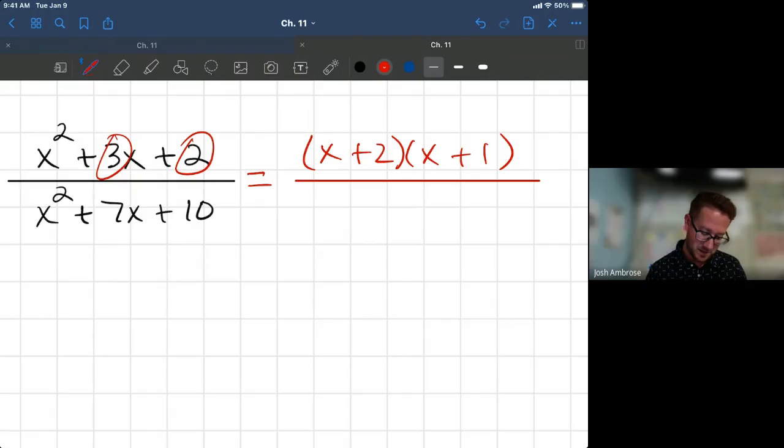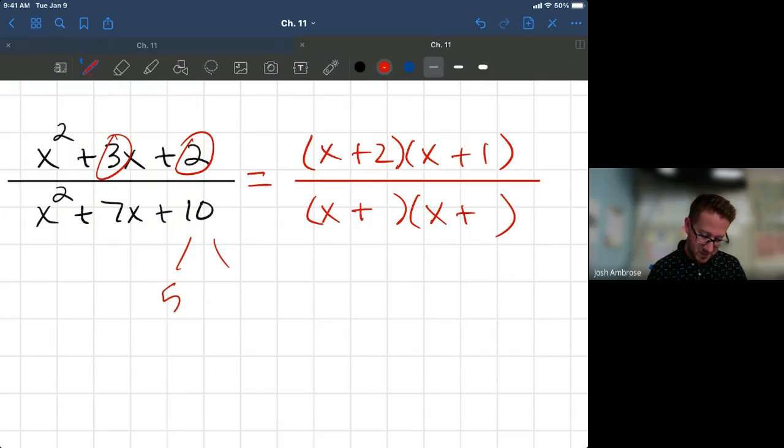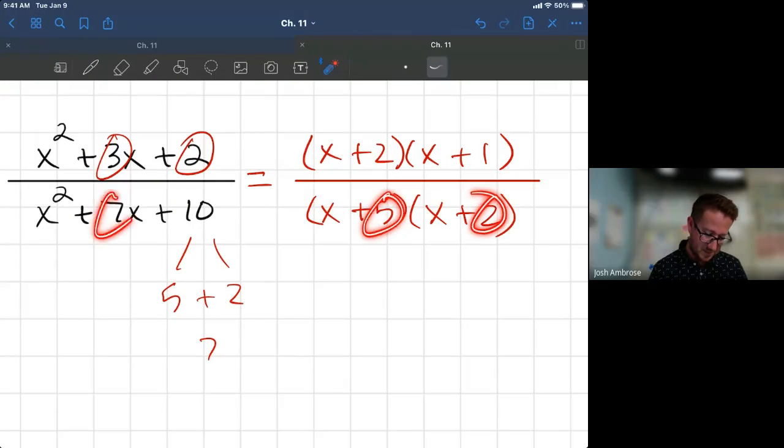Let's try and factor the denominator. All right, x, x. Again, both are plus signs right here, right here. So plus signs here and here. Factors of 10, 5 and 2, bingo. 5 plus 2 makes 7. That is what I'm looking for. 5 and 2 makes 7.